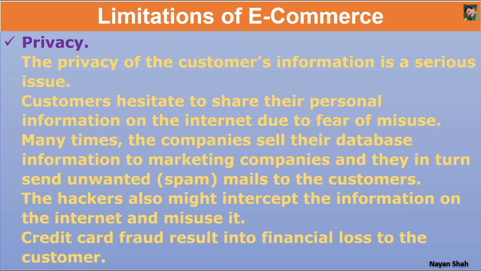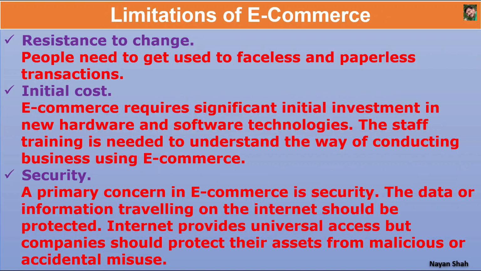Actually, if you put the security word there, that the security of the customer's information is a serious issue, then also it is meaningful. And if you put privacy here, that a primary concern in e-commerce is privacy, then also it is meaningful. But the board expects that you remember these two sentences like this. So remember that for security it says a primary concern in e-commerce is security.